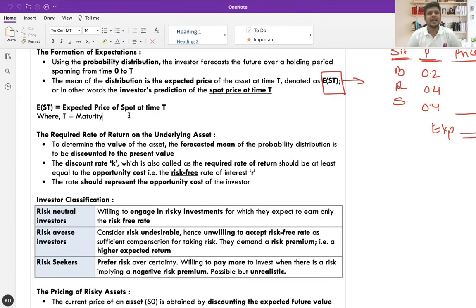Now, you all have done equity valuation, and in that, how do you find the price of the share after, let's say, 3 years, P3 or P4? Any idea? If I were to find P3, how do I find it?